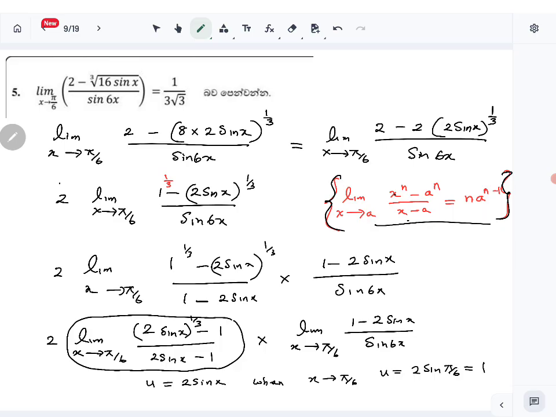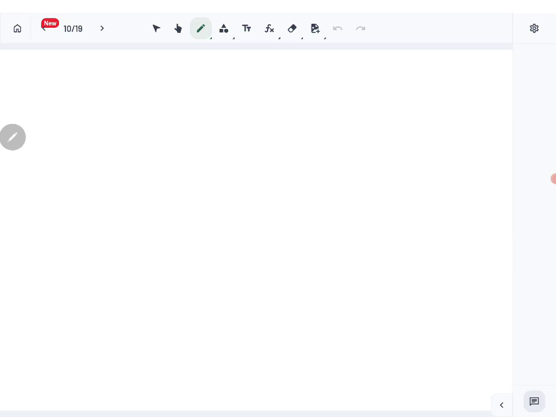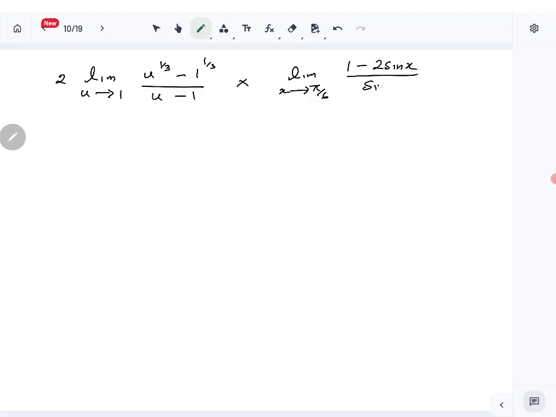So u goes to 1. So we will change the limit now. 2 times limit u goes to 1, u to the 1/3 minus 1 to the 1/3 over u minus 1, times limit x goes to pi over 6. Here we didn't change the second part. Second part we'll do later. Sine 6x, right?